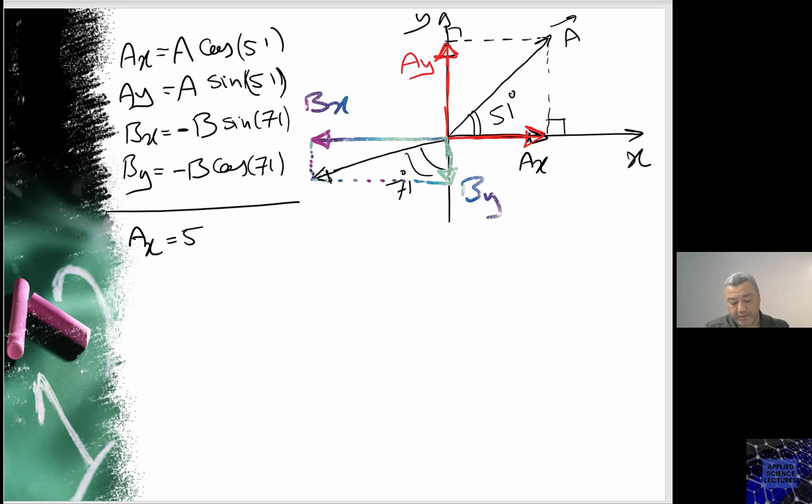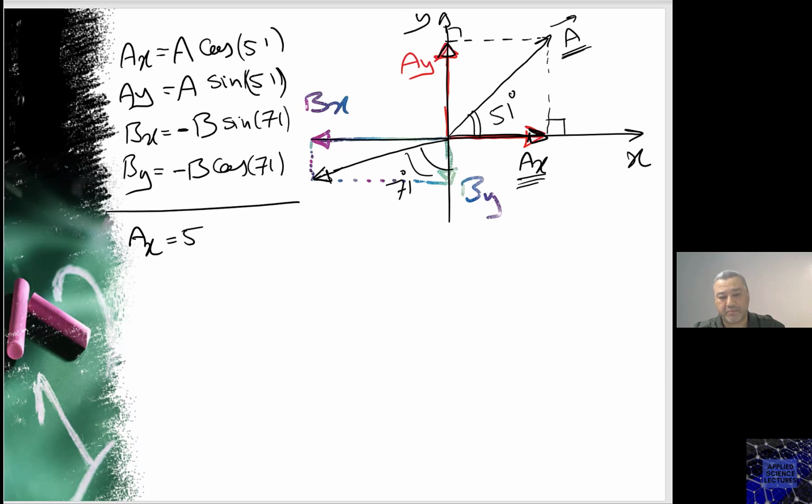This is a dumb question, but how are you supposed to know whether you're going to be using sine or cosine? Okay, I'll tell you how I do it. If I am to find the component, the projection that has an angle in between, so take A and take AX, it's always the cosine, the angle that is in between them.